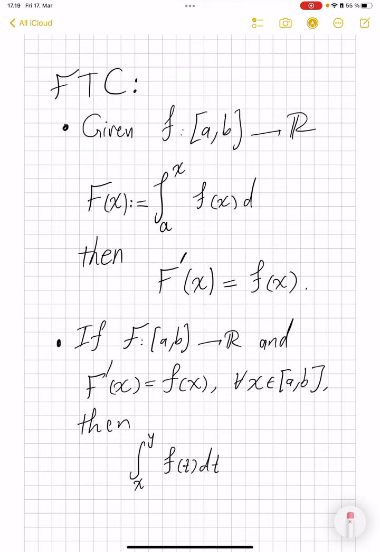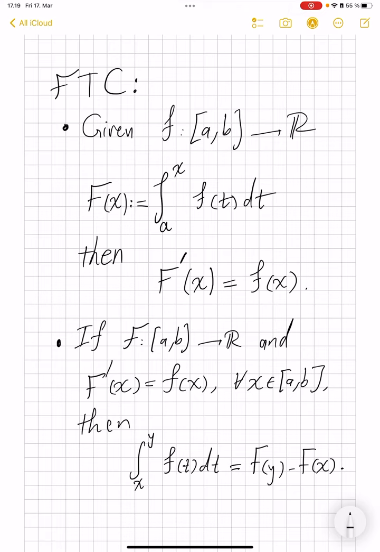Sorry, here also I have to change this. Already you see that simple math, it's not simple. So this is equal to F of y minus F of x. Already here you may think, what is the difference between these two?